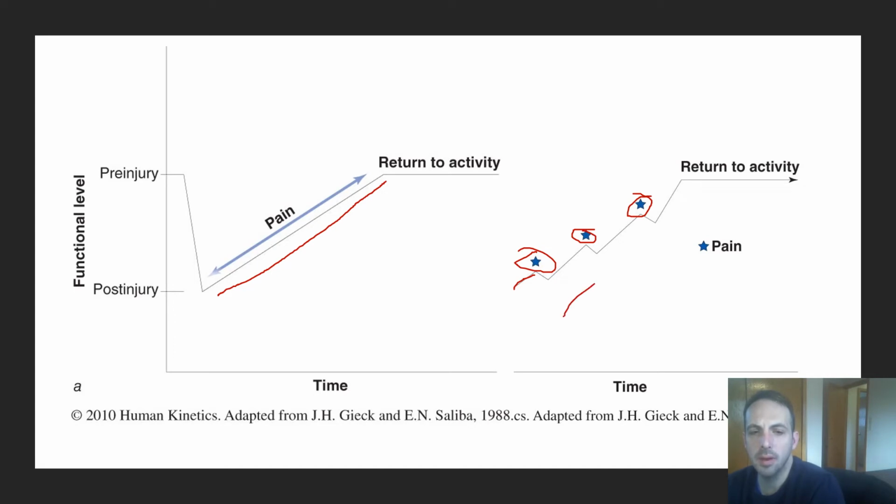Each day with our rehabilitation plan, we need to make sure that we are monitoring the overall health of the individual and the healing of that tissue, so that we are not overstressing the tissue, causing pain, thereby decreasing function, and then having to return to that level.